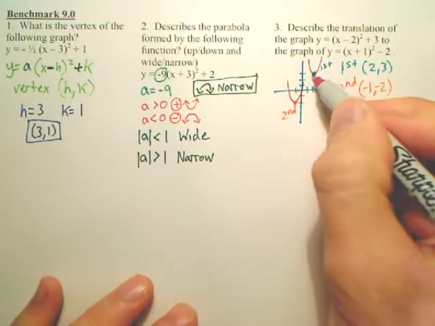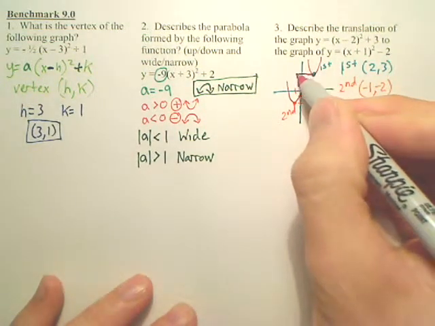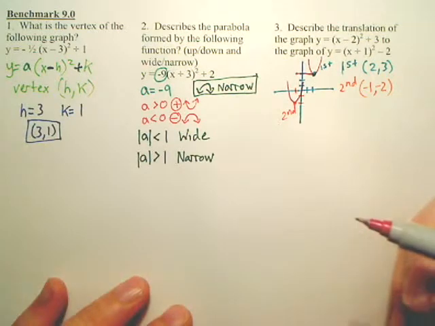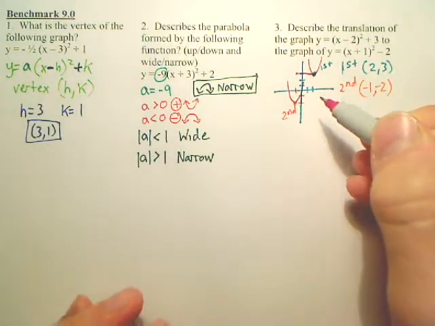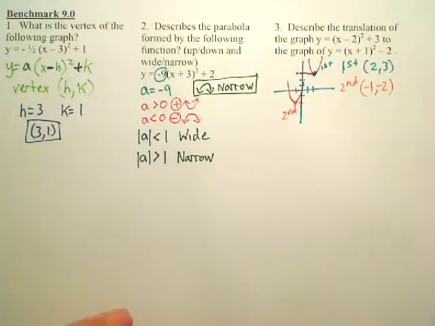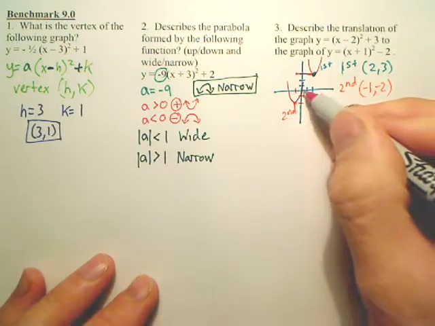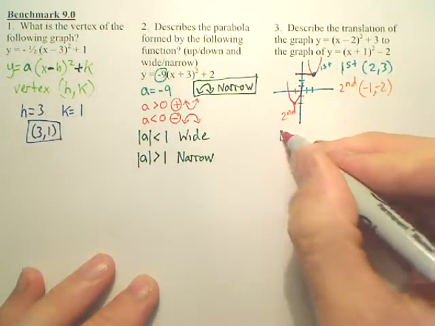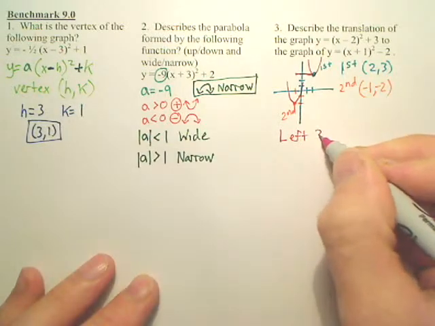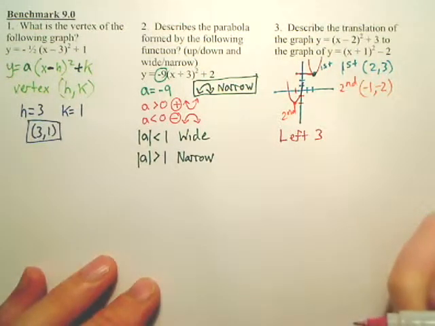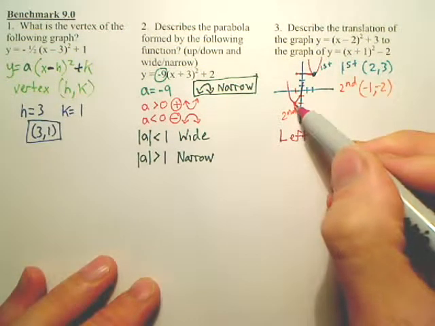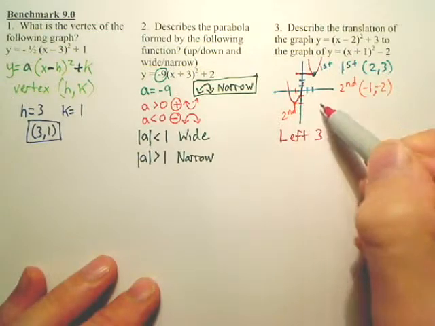So basically all we're going to do is ask, first of all, how far left did I go? You don't even worry about negatives and positives. First of all, do you go left or right? Left. And you went 1, 2, 3. So you went left 3. Now, if we were starting at the second dot and went to the first, you'd be going right 3.